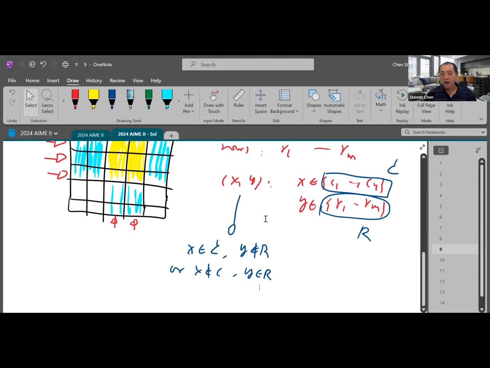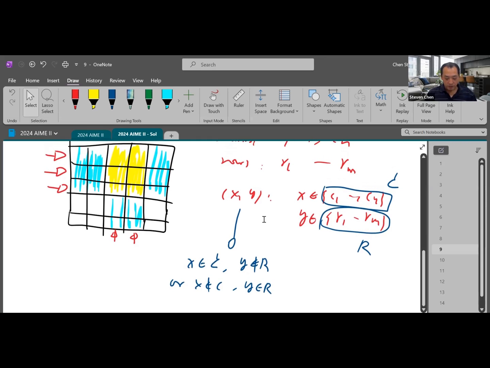All right. What about the remaining regions? The remaining regions correspond to columns 1, 2, 5, and rows 1 and 2. For the remaining columns and rows, I'm claiming that they must be occupied by the other color chips, by black chips. Why?